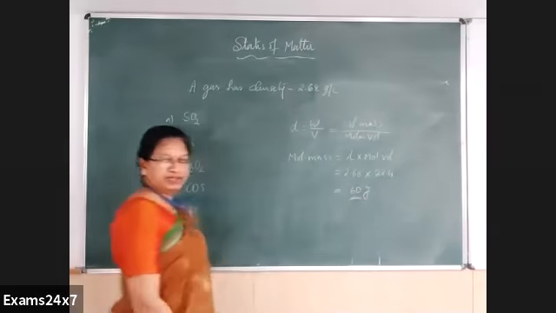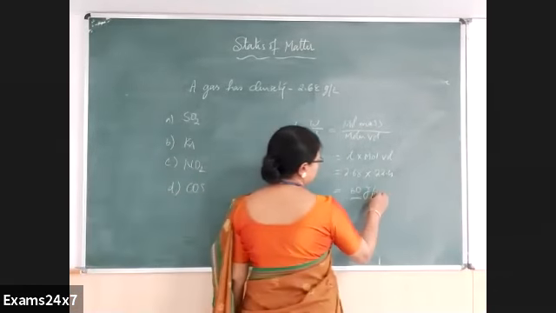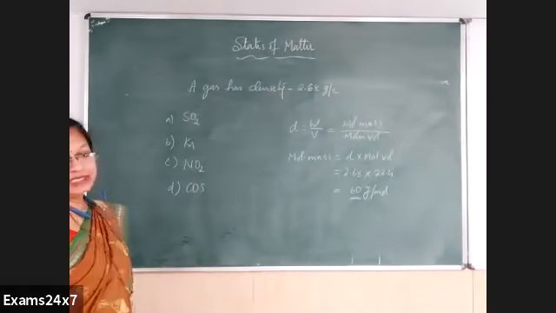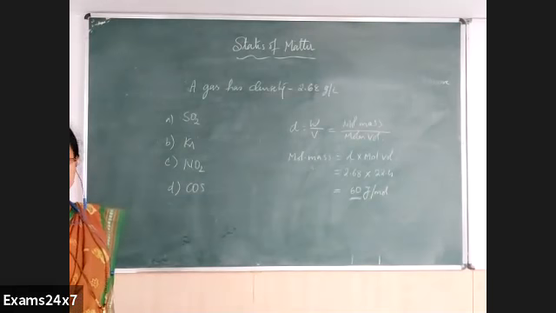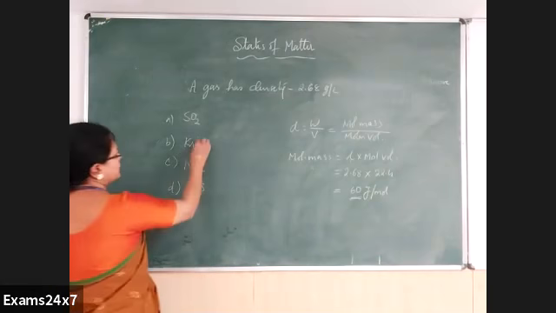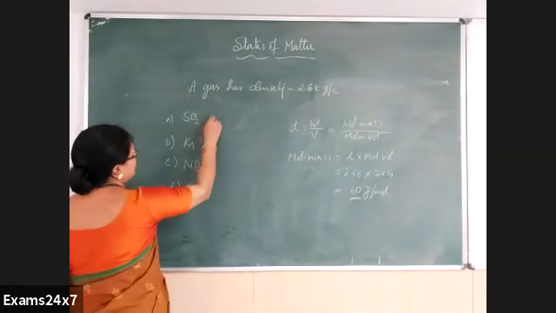Now we have to identify the gas. Molar mass is 60 grams per mole. Among the given gases, you check which has molar mass 60. What is the atomic mass of krypton? It's 83. Sulfur dioxide: 32 plus 32, 64.